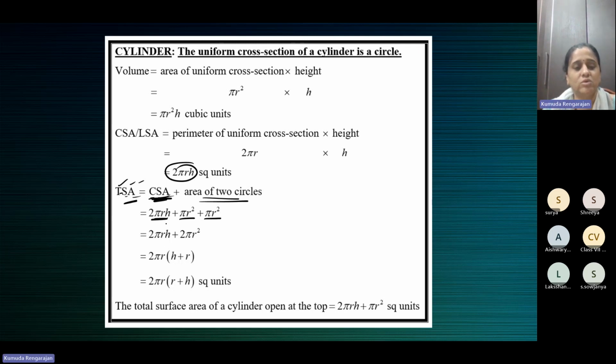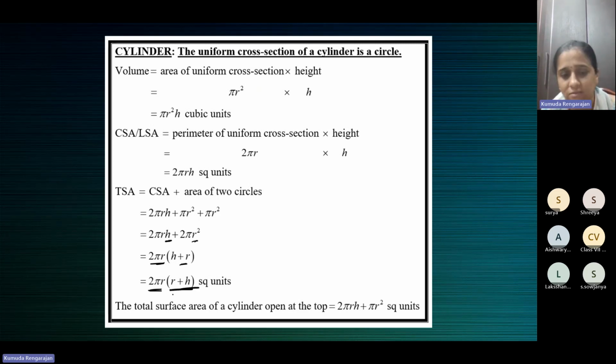All right, so what's common? 2 pi r is common. So in the bracket, you would have h plus r, or r plus h. So when you take out 2 pi r common, it can be written as 2 pi r into r plus h, or 2 pi r into h plus r, both fine. So this is the total surface area of a cylinder.